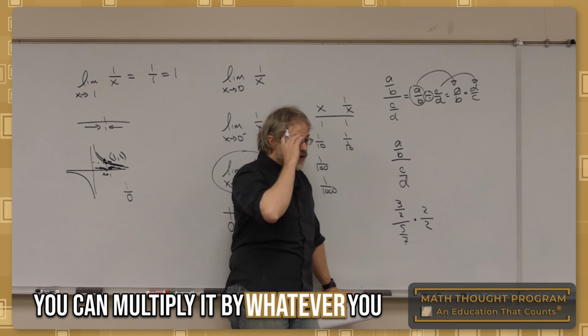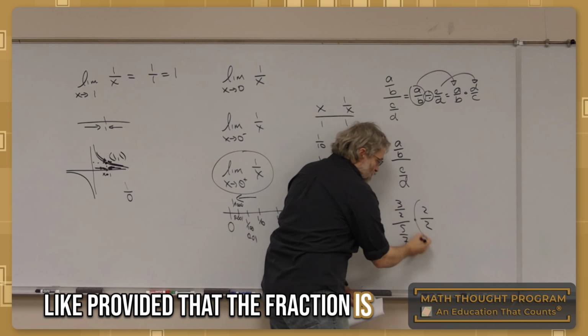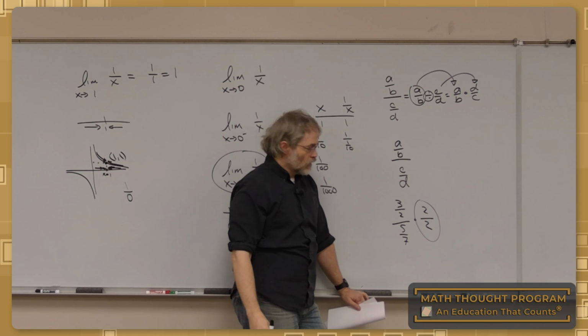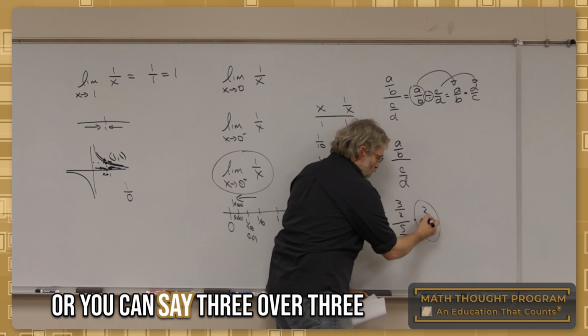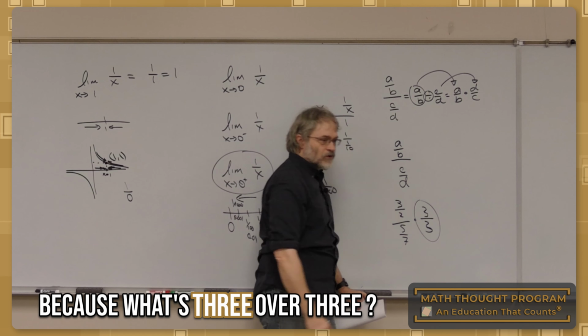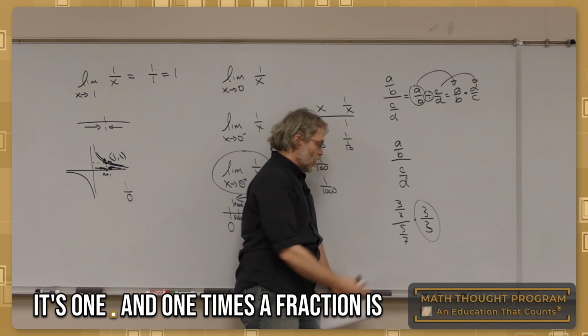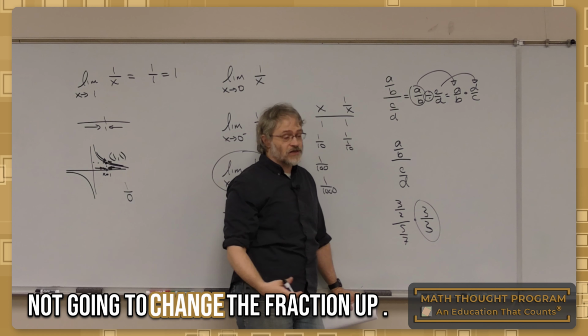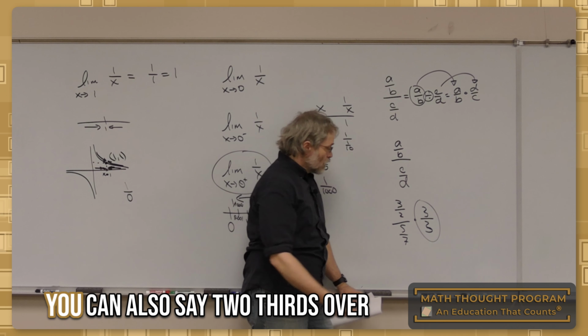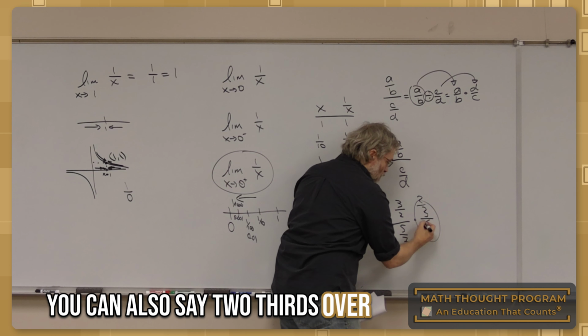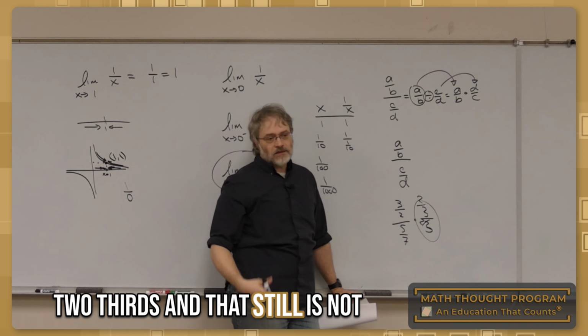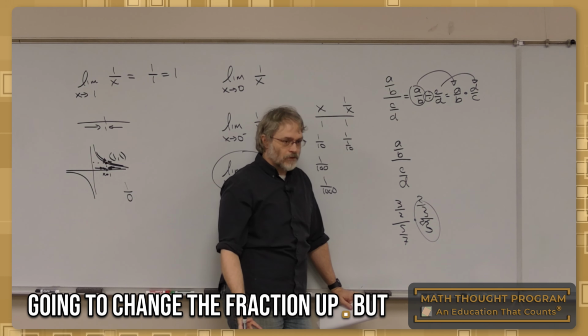You can multiply it by whatever you like, provided that the fraction is 1. Or you can say 3 over 3, because what's 3 over 3? It's 1. And 1 times a fraction is not going to change the fraction up. You can also say 2/3 over 2/3, and that still is not going to change the fraction up.